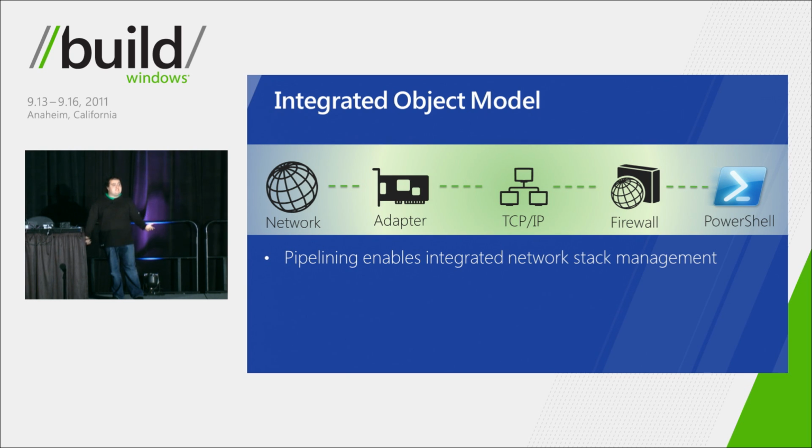Those objects cover basically the entire stack, all the way from net adapter, as we saw, to net IP address, routes, firewall rules, IPsec rules, even higher level things like DirectAccess server, which is covered by an object that you can run methods on, get properties, and do useful things. It's really powerful stuff. Those objects are linked together, so you can pipeline something like an adapter and get all the IP addresses, or get all the routes, get all the DNS settings. It's pretty cool stuff.